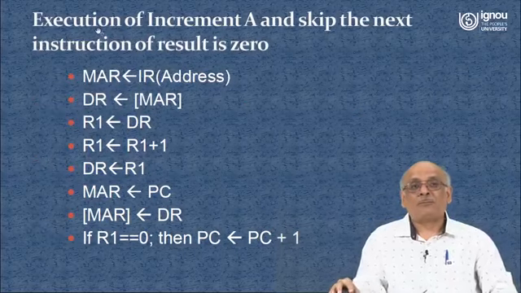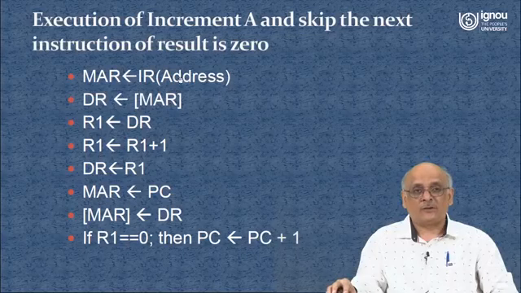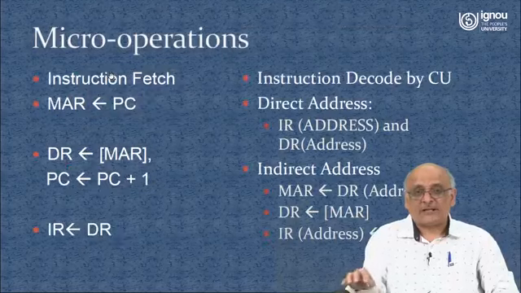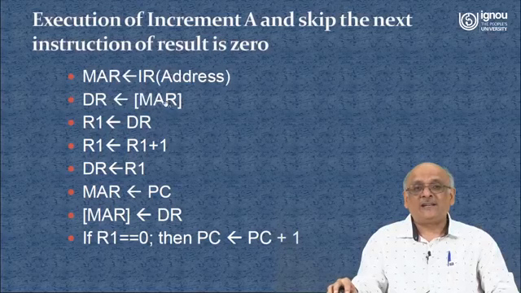Now comes the most important part. Execution of increment A and skip the next instruction if the result is 0. Now how is this particular situation proceeding? What does my instruction register address part contain? The address of the operand, right? So that address we are passing on and getting the data into the data register.